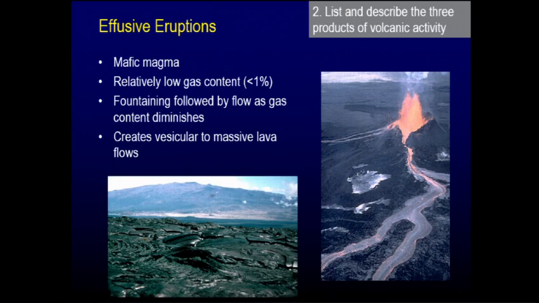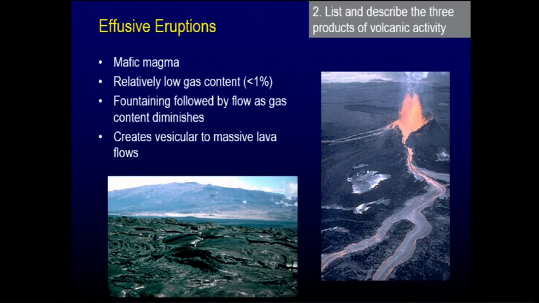They can form isolated silica tetrahedra that don't really link together. So gas content is low to start with in a mafic magma, but gas is easily able to escape from a less viscous magma. And this is a low viscosity magma.